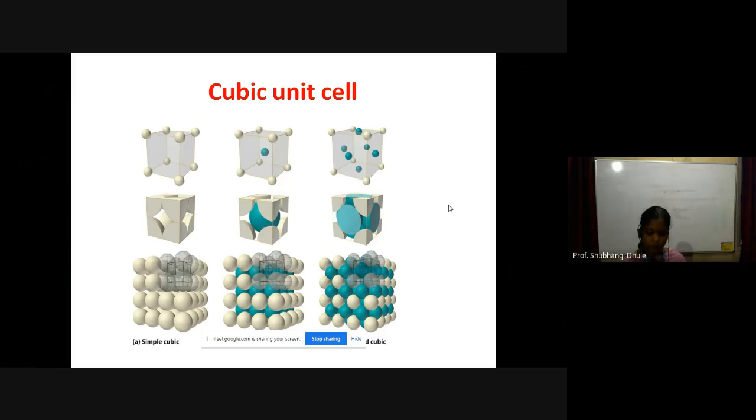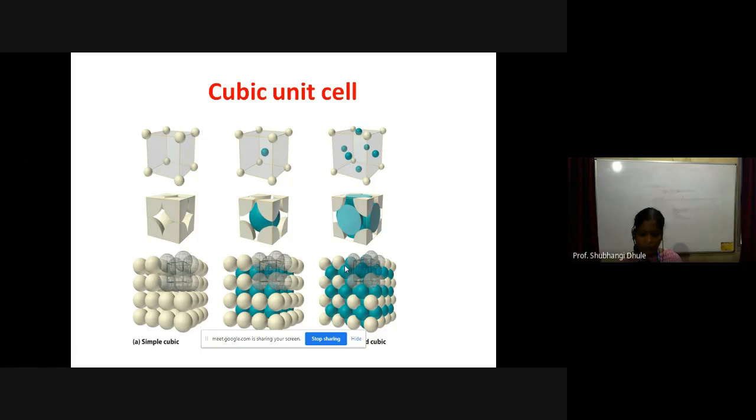Plus, one half part of the constituent particle at the center of each face is inside the single unit cell. And this is all about the space lattice of face centered, body centered, and primitive cubic unit cells.